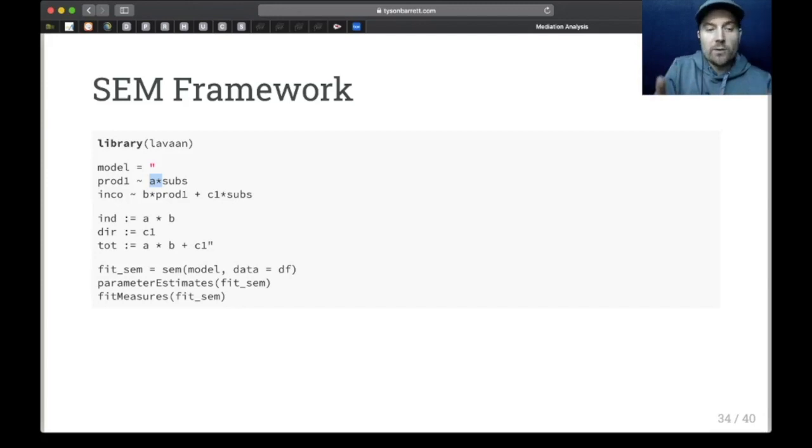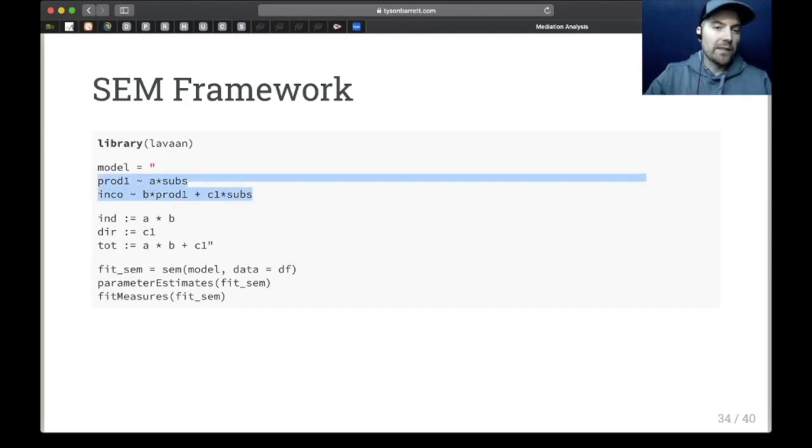And then, so we use A here because that's the common symbol for that path. And then we have income predicted by productivity and substance use. And so we have B times and C1 instead of C prime because prime is not one that R likes to have in a name. Just looking at what I have here, these two lines of code, are you able to see what the mediation model actually is?